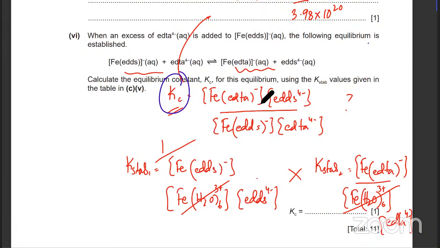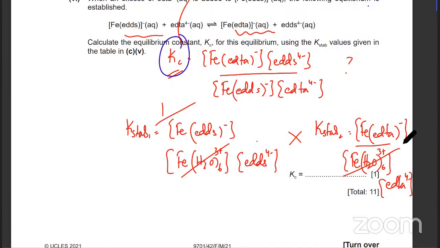You can do the math, I just don't want to write the whole thing. If I multiply this by the reciprocal of this, it's going to be Fe EDTA divided by Fe EDDS, and the denominator is going to be EDTA 4 minus. And the denominator over here, if I take the reciprocal, it would become the numerator. So it's going to be the exact same expression, and it's going to give me this.